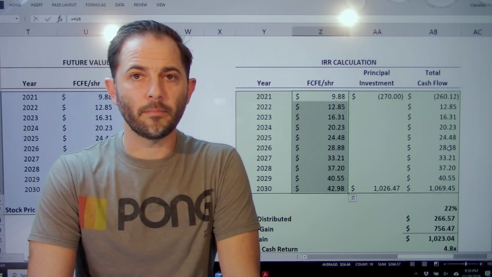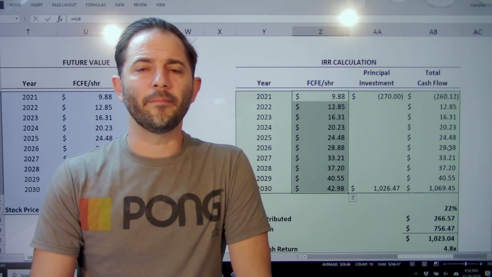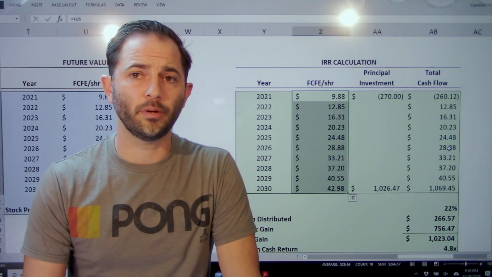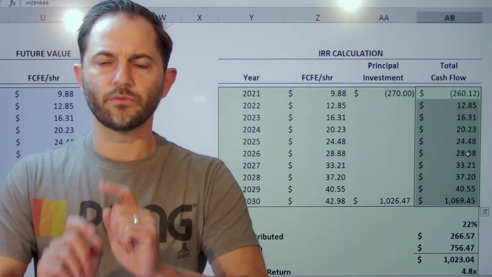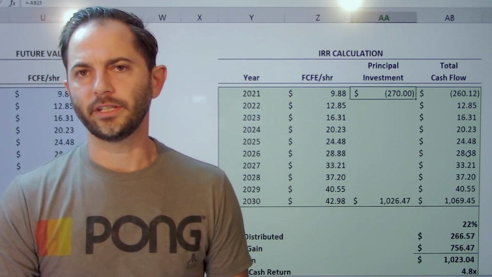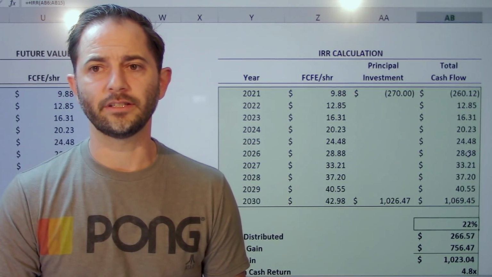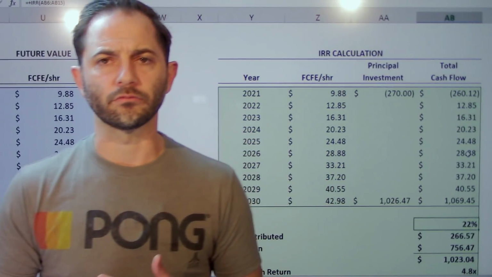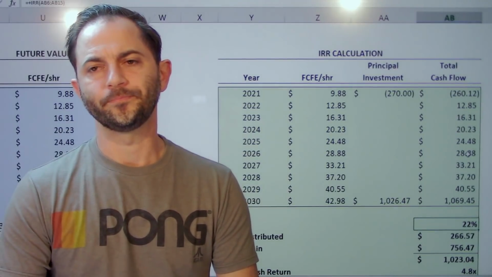Realistically, they would dividend some, they'd use some to buy back shares, or really it looks like they're just using it to go buy and make other investments that turned out to be profitable. But assuming they paid it out for a simplistic analysis, this would be the stream of cash flows. If I buy it at $270, I get this stream of cash flow and I sell it for just over $1,000. That's a 22% annualized growth rate over the decade, which is extremely strong.